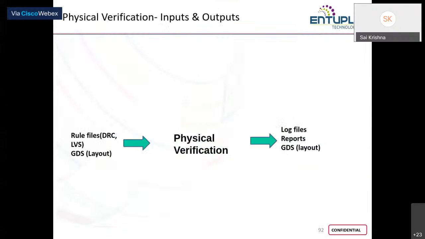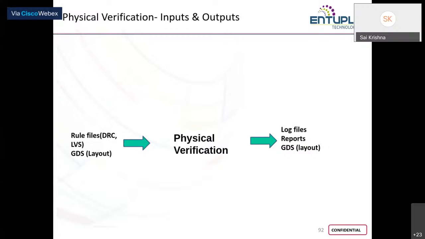So once you are done with electromigration and IR drop analysis, and they are clean from any violations or from any problems, you then finally come to the last stage of the complete ASIC design flow, which is your physical verification. So in physical verification, the inputs that you read is nothing but your layout, be it in terms of GDS or be it in terms of any other supporting format.